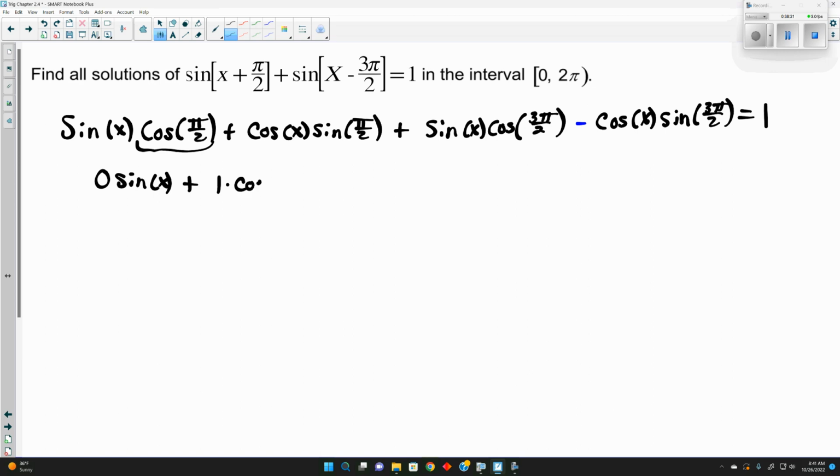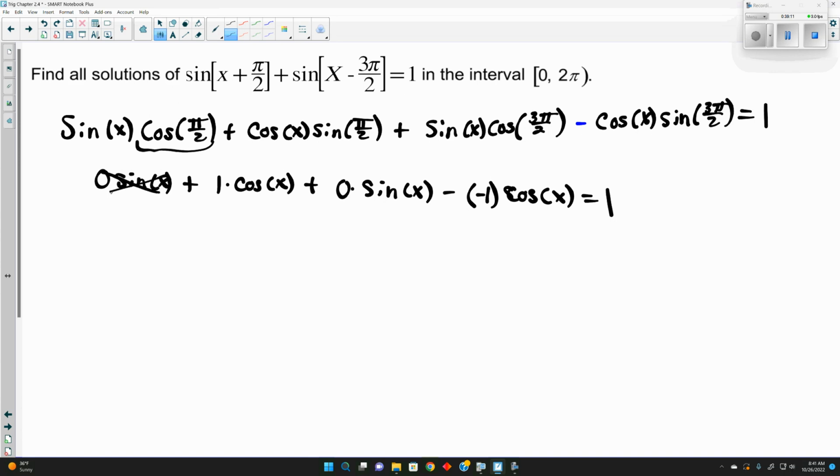So we have 1 times cosine of x plus cosine of 3 pi over 2. 3 pi over 2 is straight down for us, so it is 0 sine of x minus, well, sine of 3 pi over 2 is going to be negative 1. And again, we just got these values for each one of these from the unit circle, or we could have plugged it into the calculator. Either one would work. Any questions on any of this here?